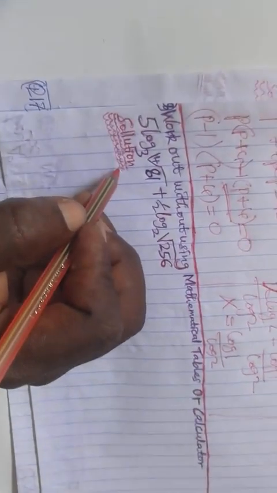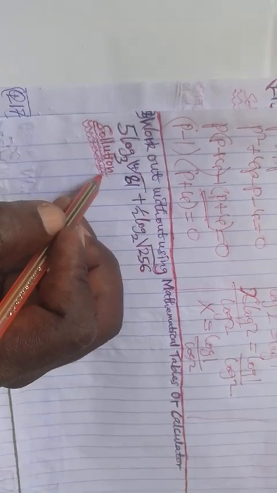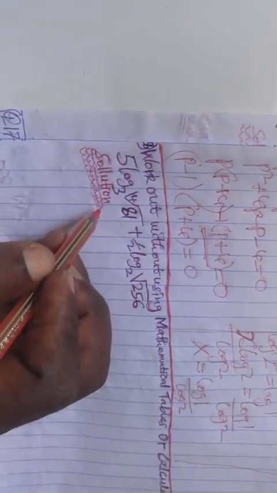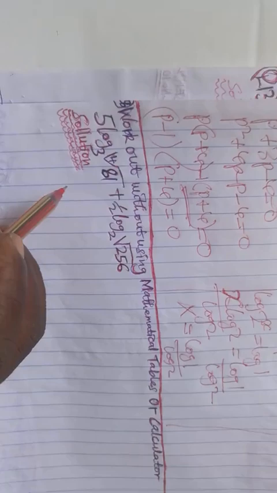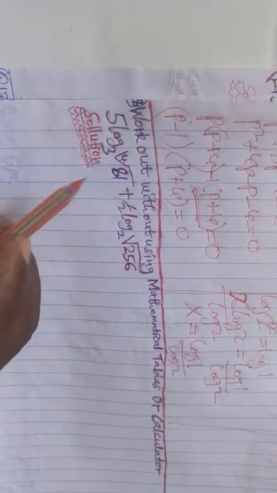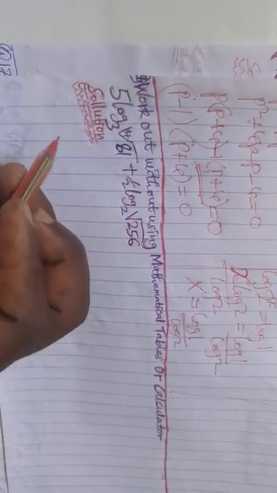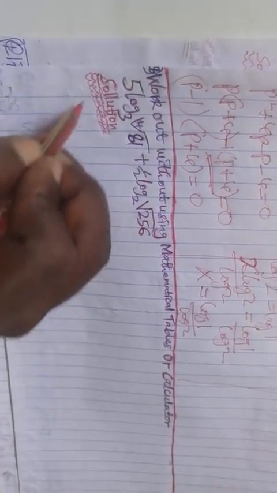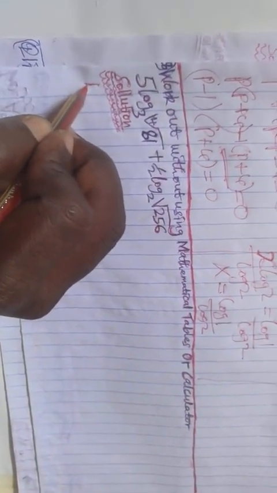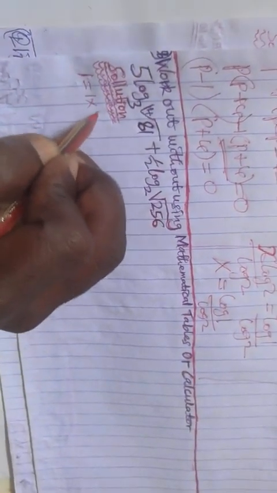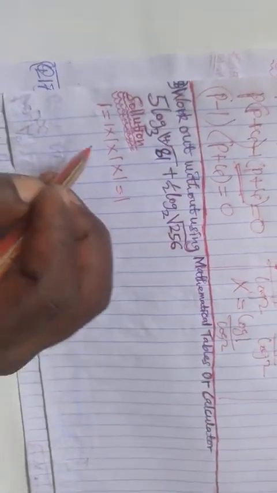First, find the fourth root of 81. To achieve this, think of any number which, when you multiply it by itself 4 times, you get 81. Let us try 1: 1 times 1 times 1 times 1 is 1.